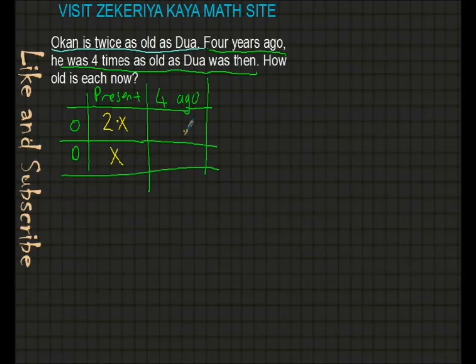Before I make the equation, I must find the other side, ago. So what does it say? 4 years ago. To make 4 years ago, we will put minus 4 to each. 2x minus 4, x minus 4. We will put minus 4 to each.